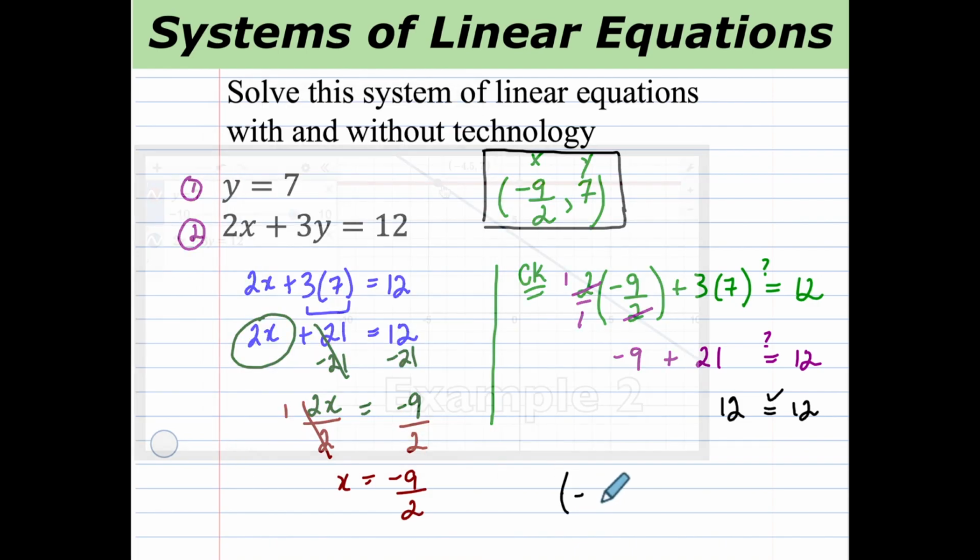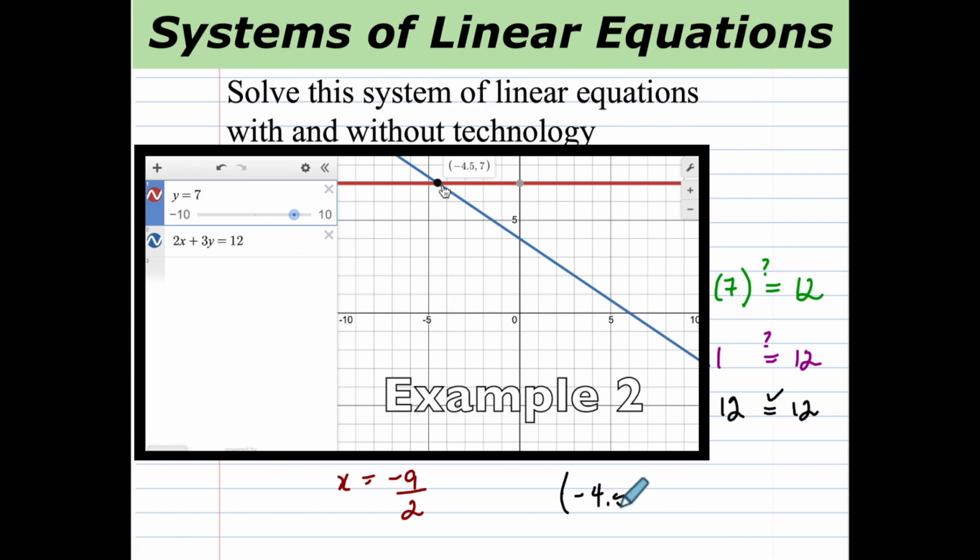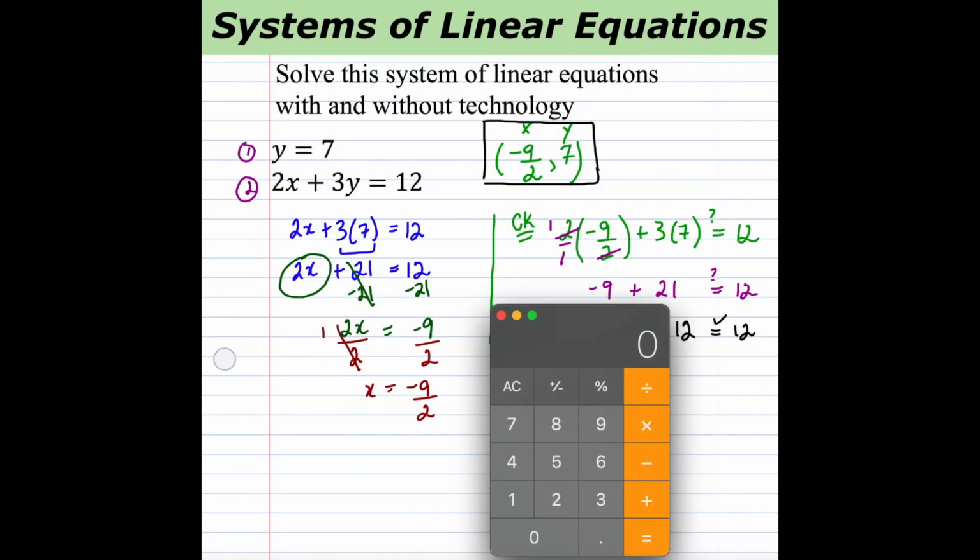In Desmos, we got (-4.5, 7). I just realized something. This calculator does have a plus-minus button. We could go 9 and make it negative and then add 21. There you go. Learn something new every day.